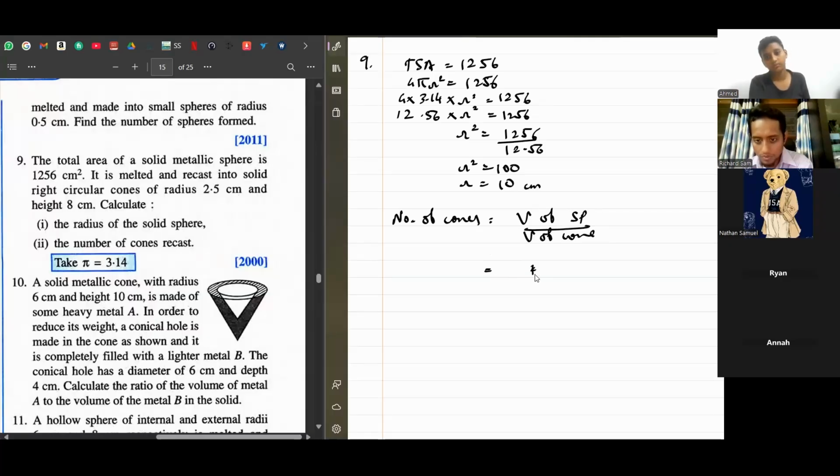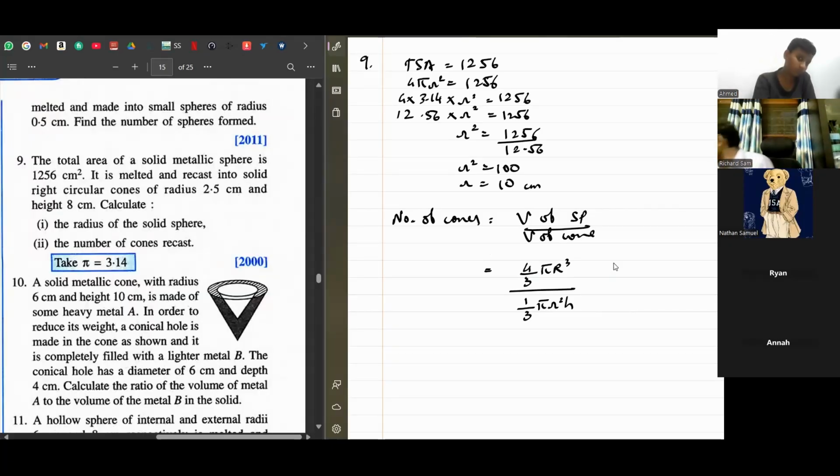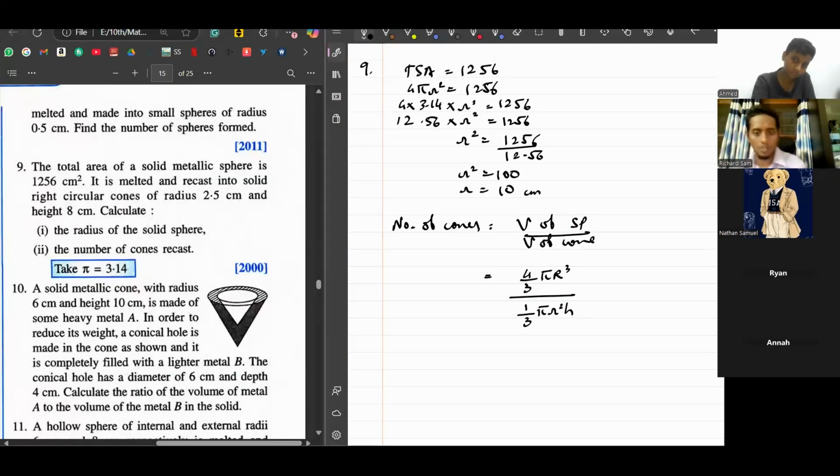So Sir, volume of this, yeah, derive the formula. 4 upon 3 pi r cube divided by 1 upon 3 pi r square h. Derive the formula like this. So here 3 and 3 will get cut, pi and pi will get cut.